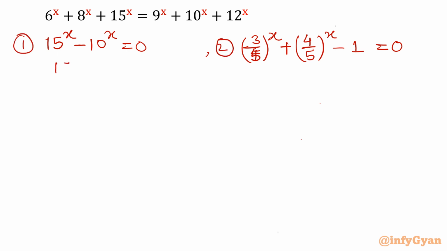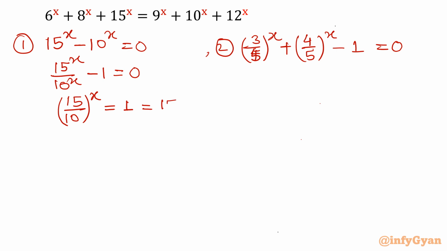Now divide by 10^x both sides in equation 1. So it will become 15^x over 10^x minus 1 equal to 0. Take minus 1 to the right. So (15 over 10)^x, by the same property of exponent, equal to 1. If you write 1 as (15 over 10) whole power 0, that concludes x equal to 0 is our one solution.